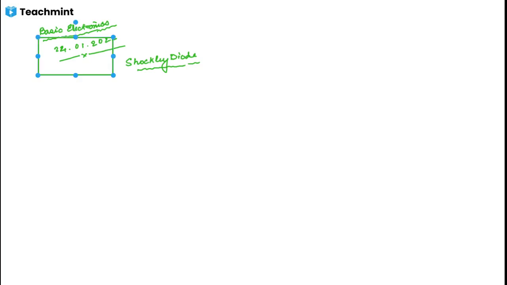Let me draw the symbol so you can understand this. So this is the PN-PN diode.